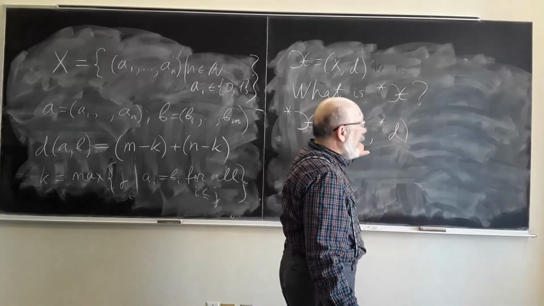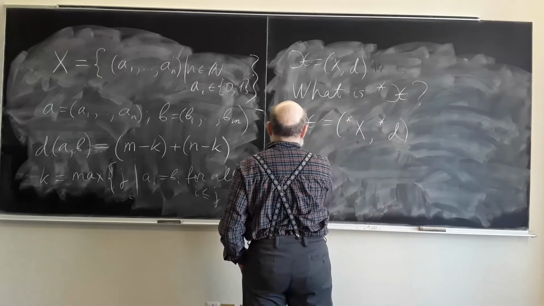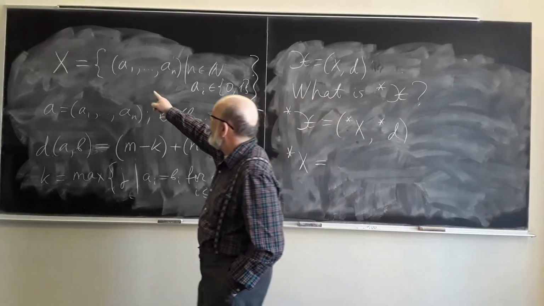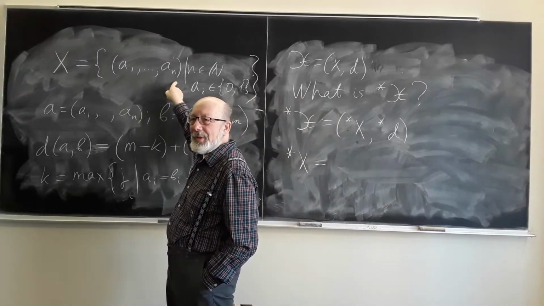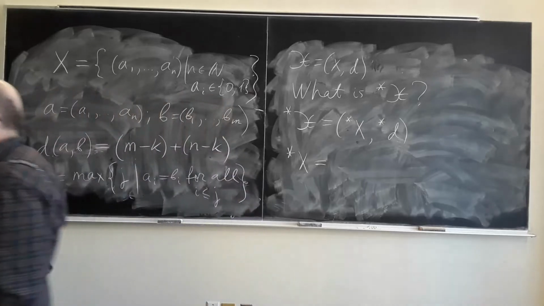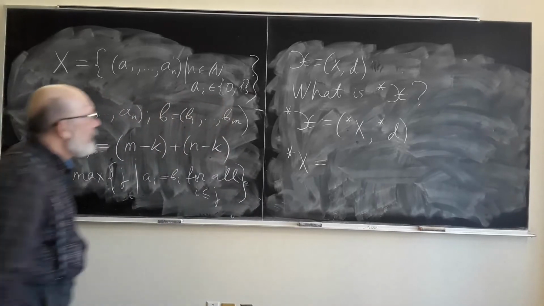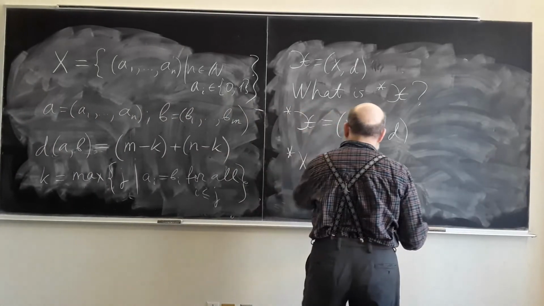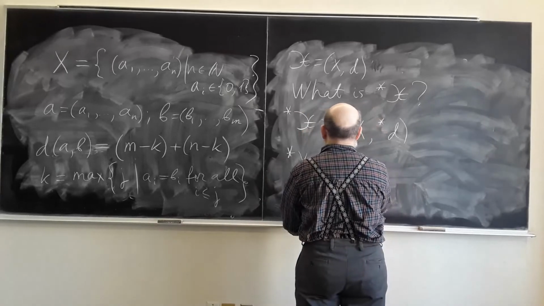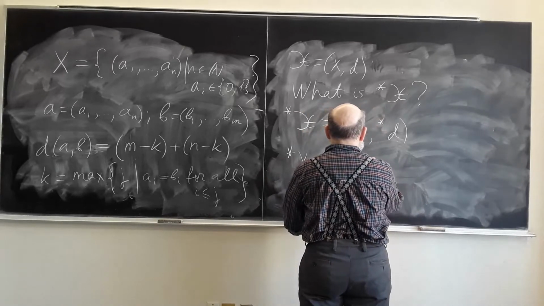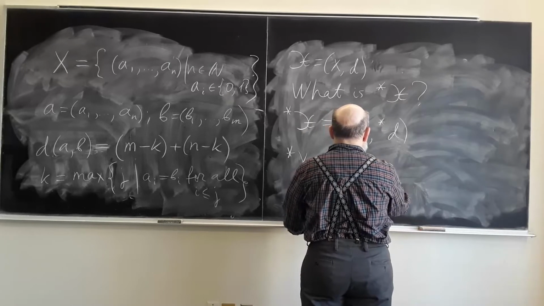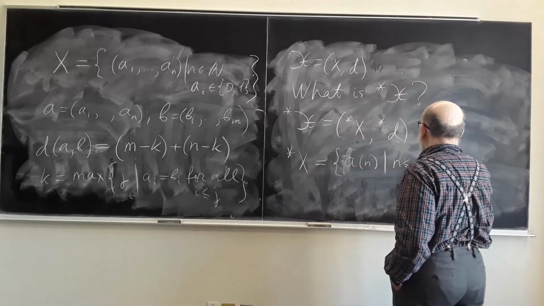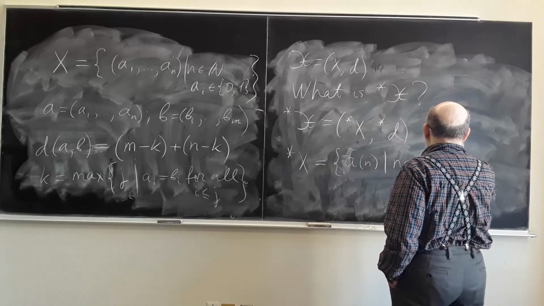So, what is star x? X itself is the set of finite sequences. So, star x is the set of hyperfinite sequences, say A of n such that n less or equal than n1, where n1 is in star n.